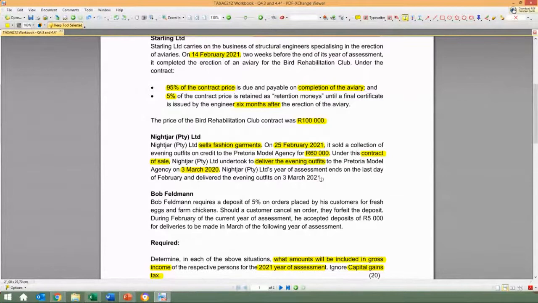Now, on the 25th, we've concluded the contract. So in terms of the contract, we signed the contract, but there was a condition in this contract that for it to be finalized, we first have to deliver the outfits to Pretoria Model Agency, which only occurred on the 3rd of March.